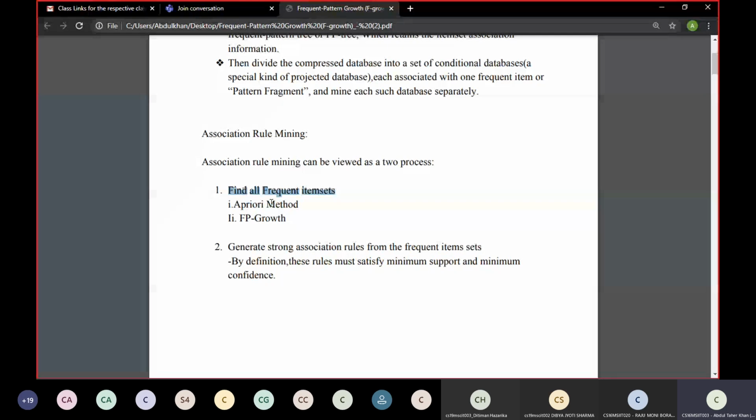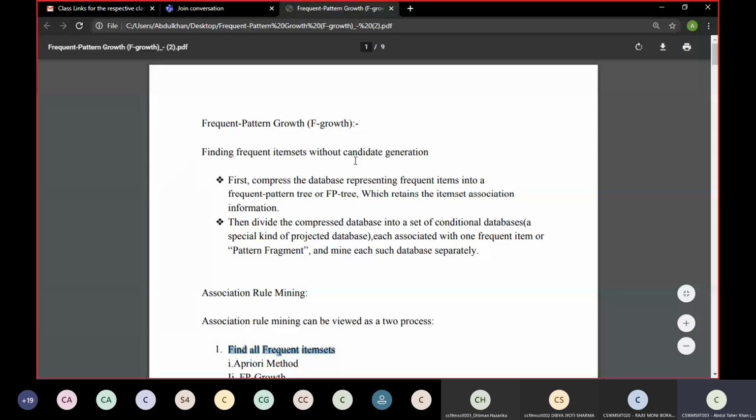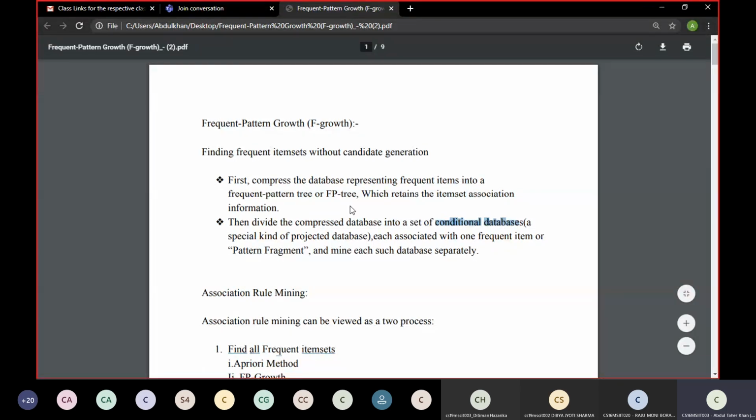So what is the FP-Growth algorithm? The FP-Growth algorithm basically constructs an FP tree. Then we convert the FP tree into a conditional database, which is a special kind of database projection. I am going to discuss how we can create an FP tree and then how to construct a conditional database. So let's get this started.